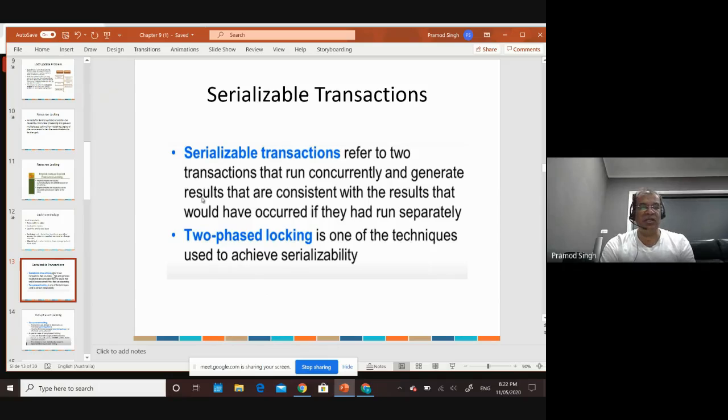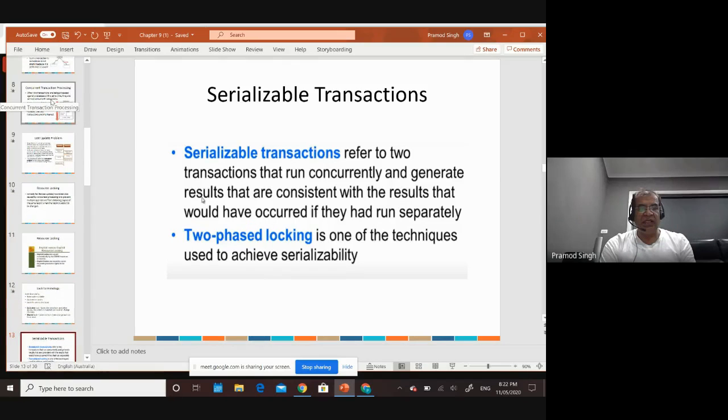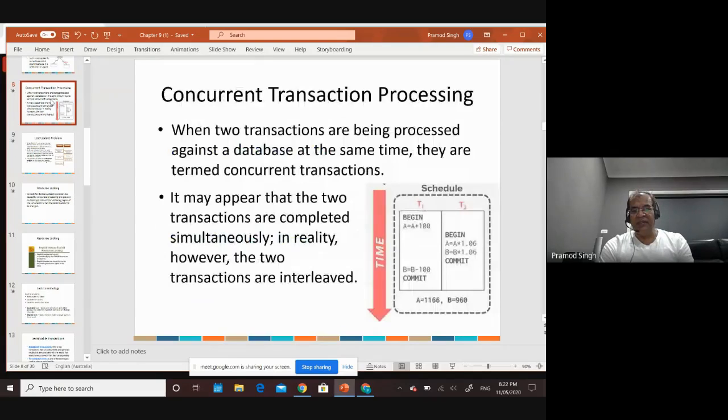As we saw, interleaving means, in this particular slide 8, two transactions T1 and T2 are interleaved. Transaction T1 begins, then transaction T2, before transaction T1 is finished, T2 is started and it finishes. But actually it is interleaved.